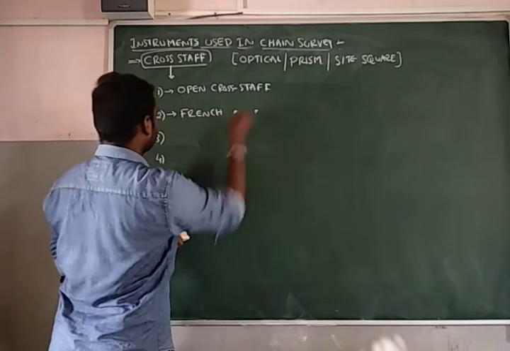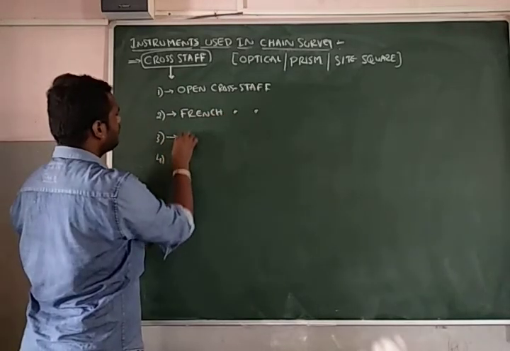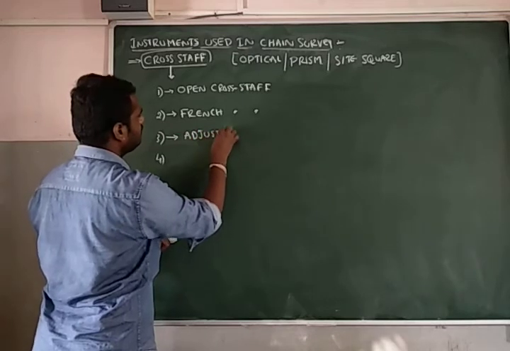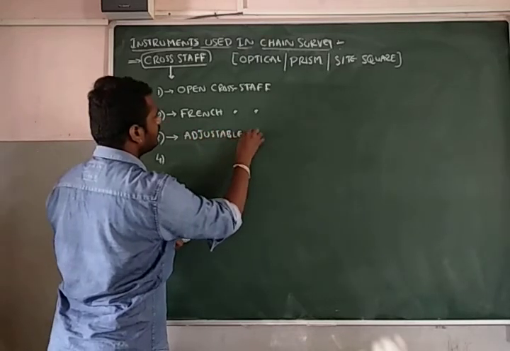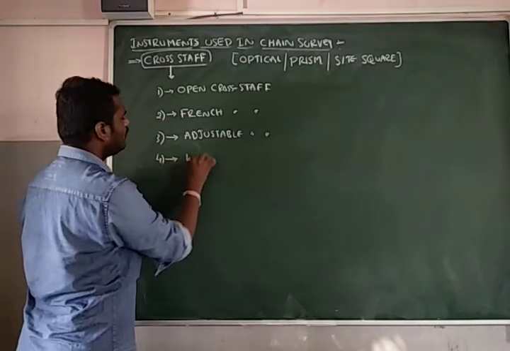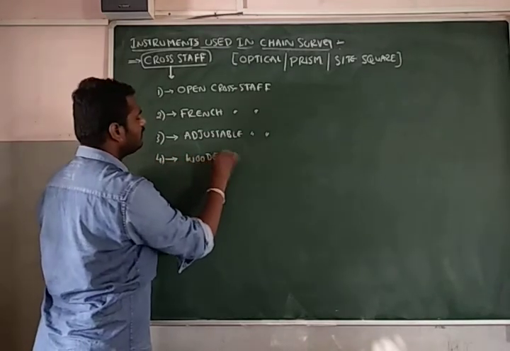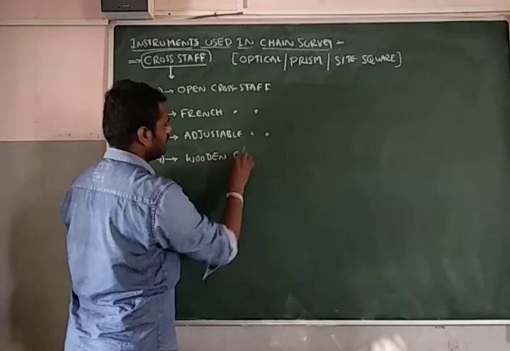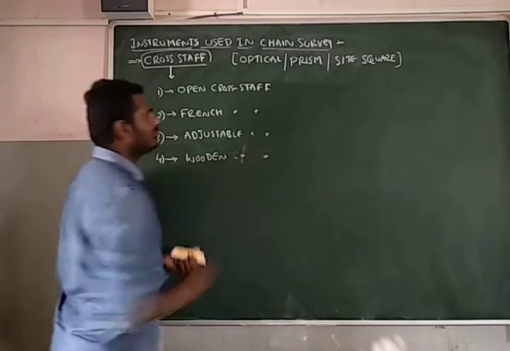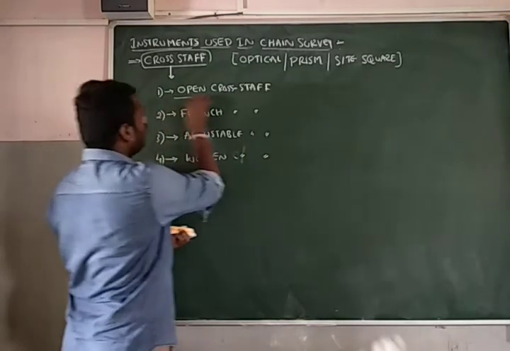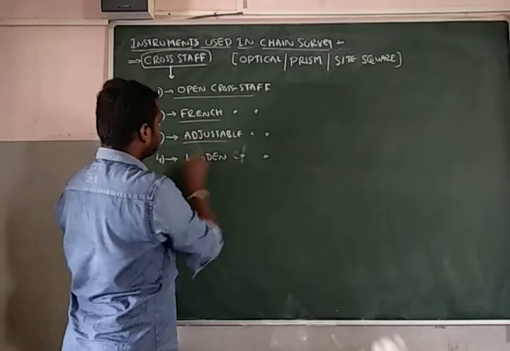The third one is the adjustable cross staff, and the fourth one is the simple cross staff, that is, the wooden cross staff. I am writing it down, better to write like this. So: open cross staff, French cross staff, adjustable and wooden.